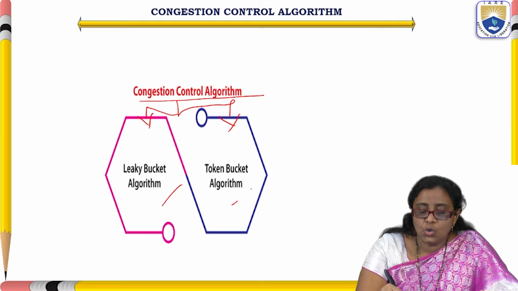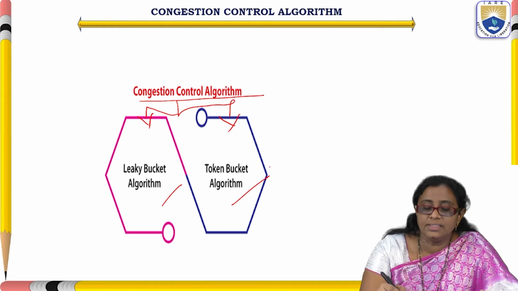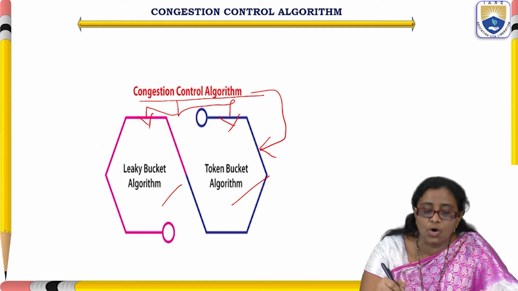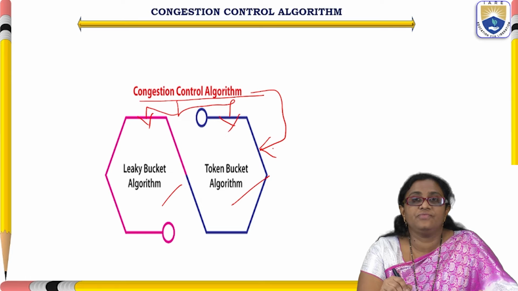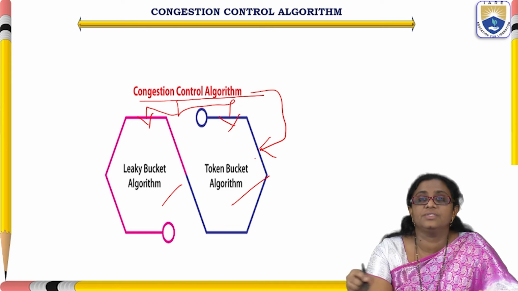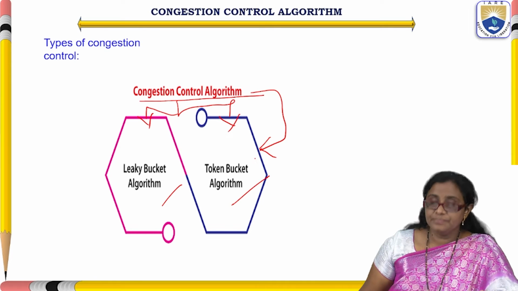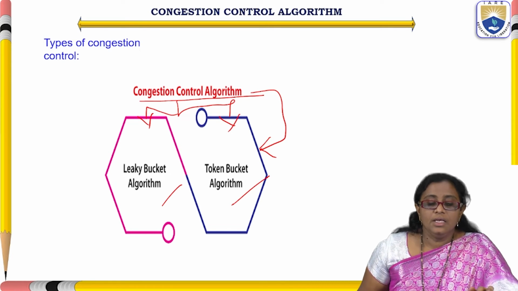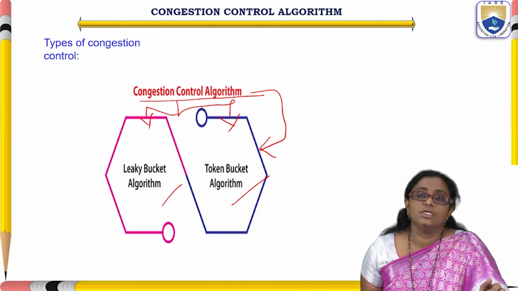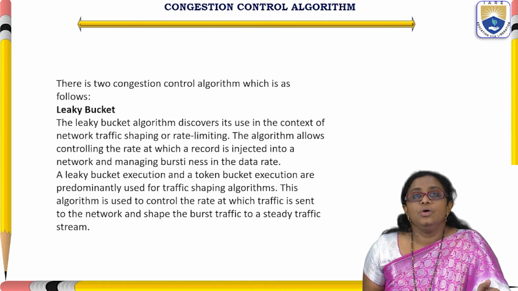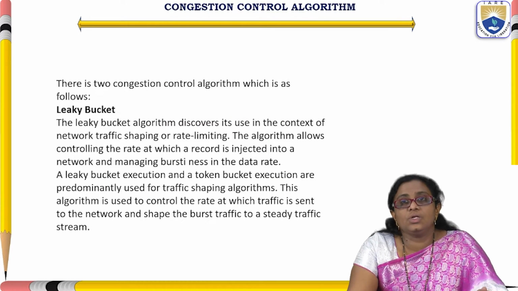The second one is the token bucket algorithm. These are mainly the two types of congestion control algorithms which should be followed.